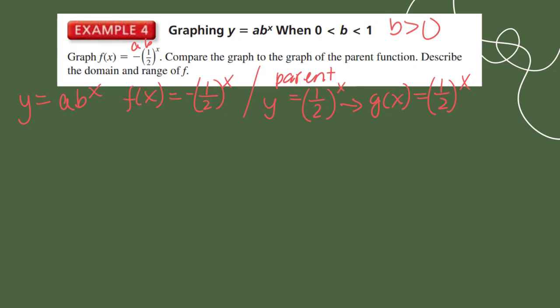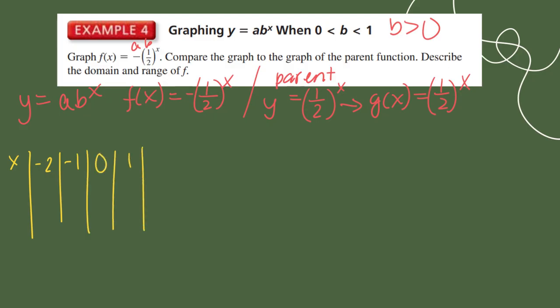So let's do a table now. I'm going to use the same points. Let me move to yellow. This is x, and I have negative 2, negative 1, 0, 1, and 2.